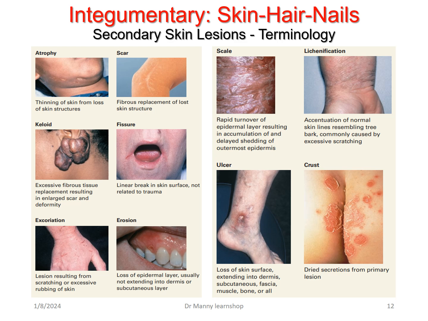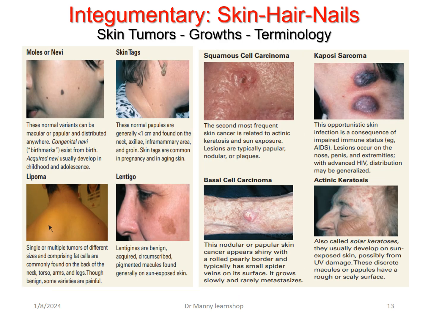All important terminology to be aware of and understand. Then it comes to things like cancers or skin tumours and growths. And these could include moles, skin tags, lipomas, lentigos, more seriously, squamous cell carcinoma, Kaposi syndrome, basal cell carcinoma, and actinic keratosis.